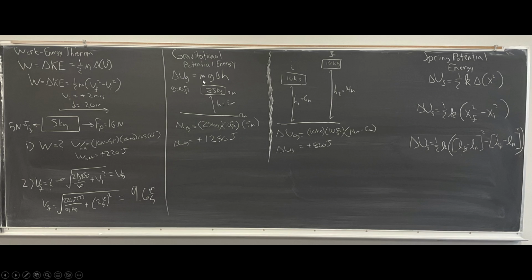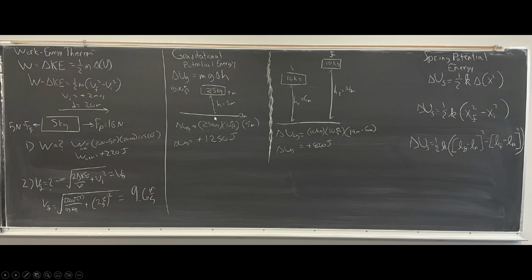That's going to equal mass, m, times gravitational acceleration, g, times delta h, or the change in height. For lecture, we're just going to assume that g equals 10 meters per second squared. And let's say we have a 25 kilogram object that is 5 meters above some surface.